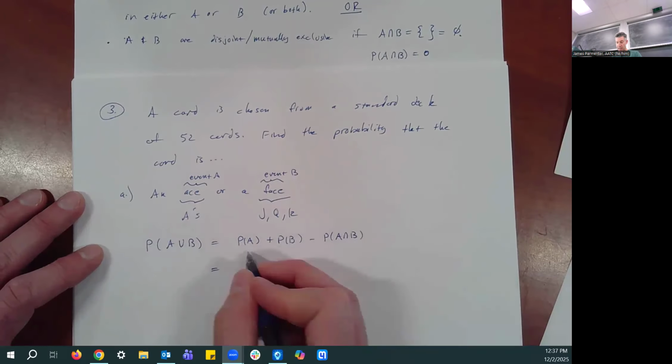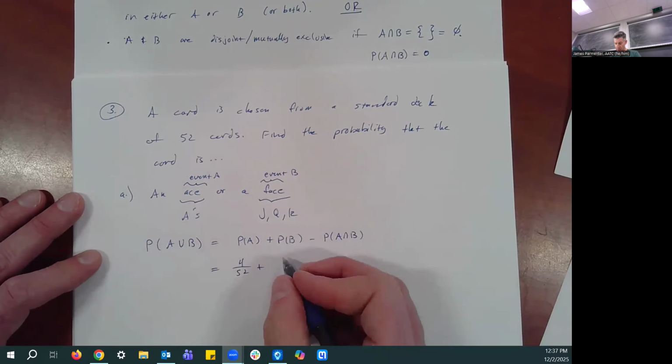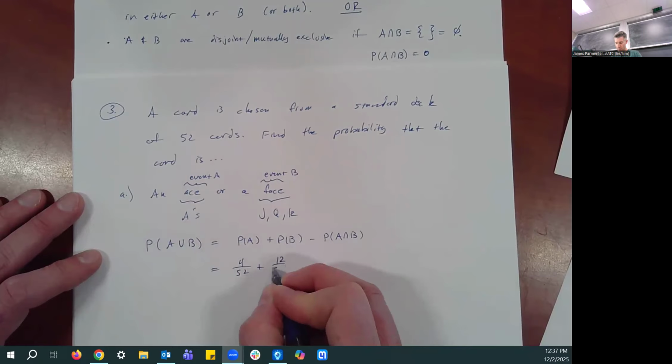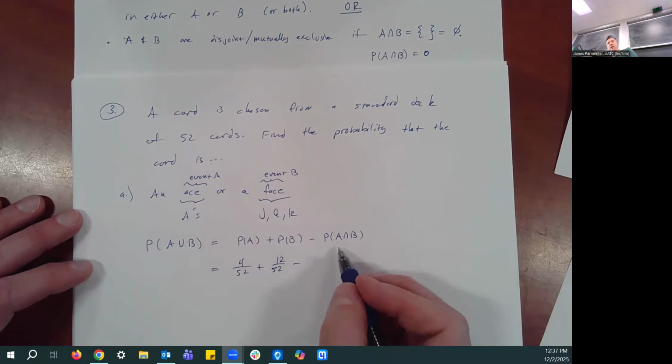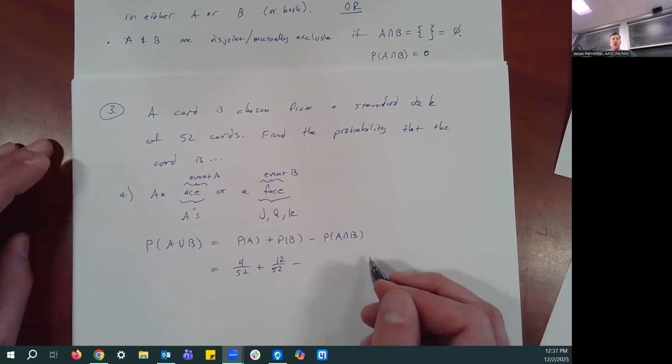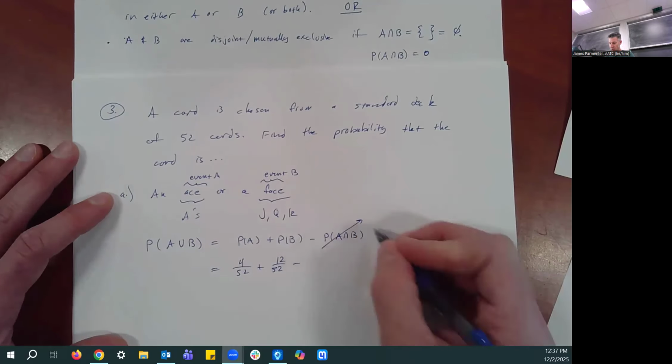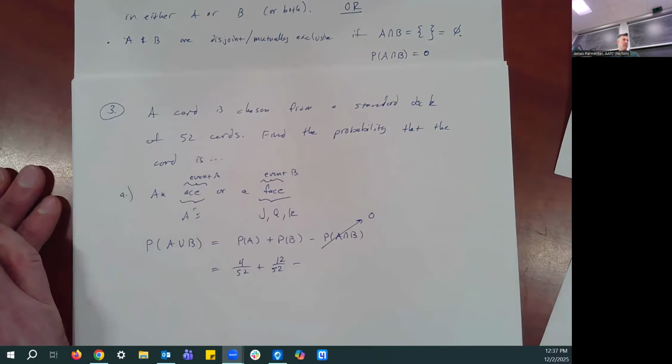The probability of getting an ace is 4 out of 52. The probability of getting a face is 12 out of 52. And the probability of getting a card that's an ace and a face is 0, because there are 0 such cards, right? You can't have a card that's both an ace and a face card.